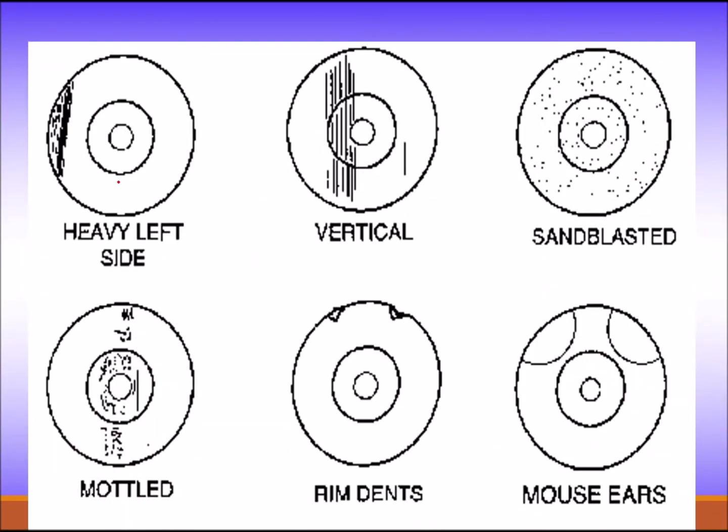These markings can be heavy left side, vertical striations may be there, sandblasted appearance may be there, mottled appearance may be there on the base of the cartridge, and rim dents and mouse ear may be there. Based on these findings on the base of the cartridge, we can identify the different characteristics related to any firearm. Like these are made because of the action of the firing pin over this area, or some other findings related to the barrel of a particular gun.